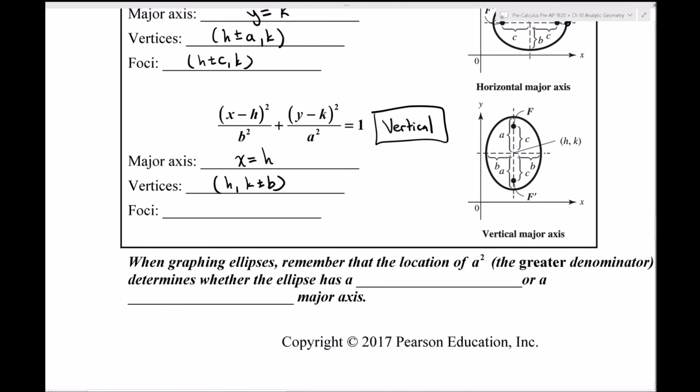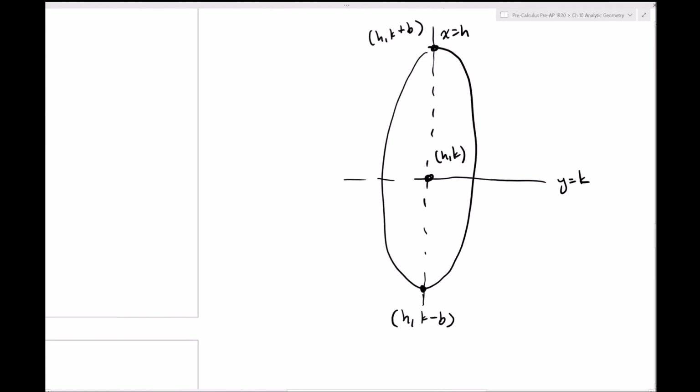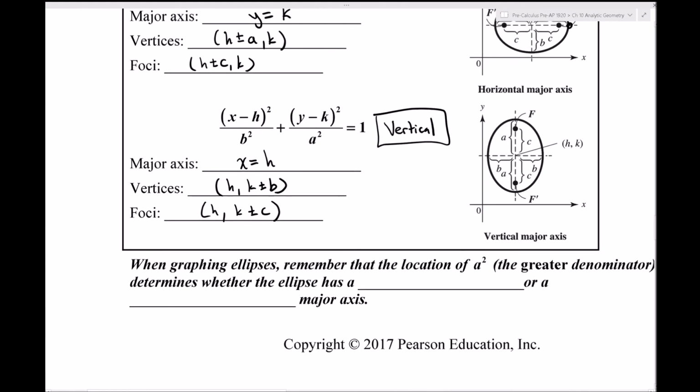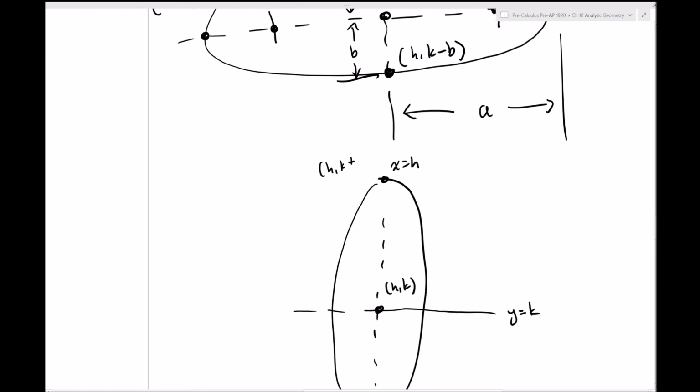And then the foci are also going to have an x coordinate of h, and it's going to be k plus minus c. And I'm kind of wrong here, aren't I? That's not b anymore, that's a now. If you remember, a is how big the major axis is, halfway. So this is a.